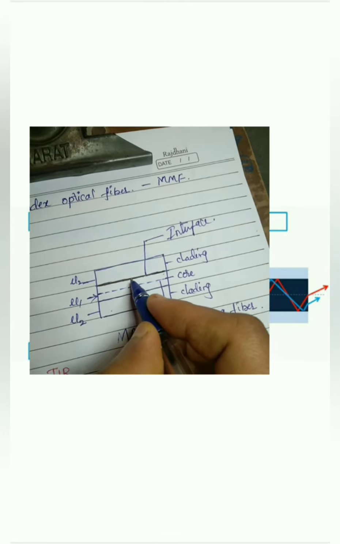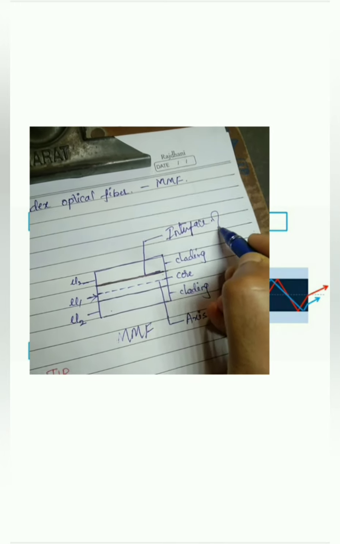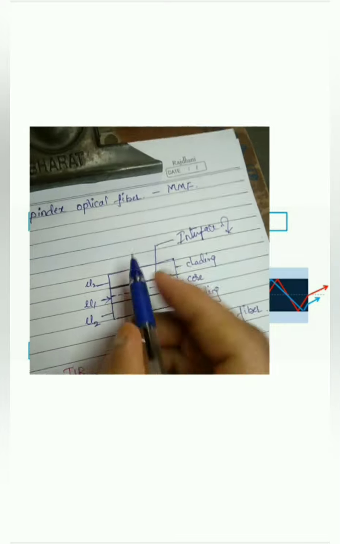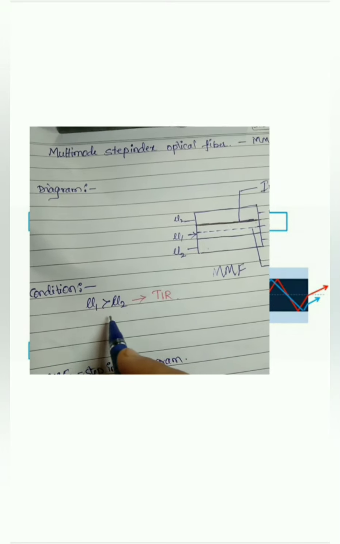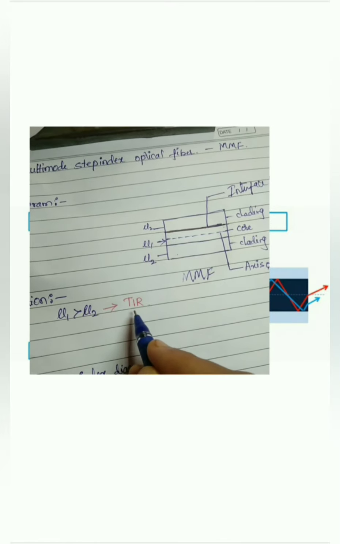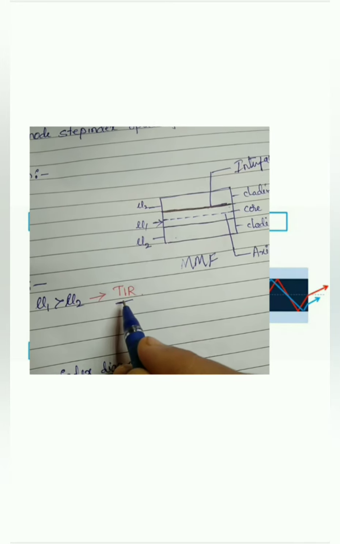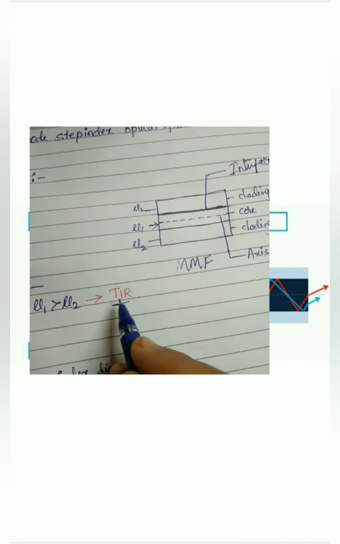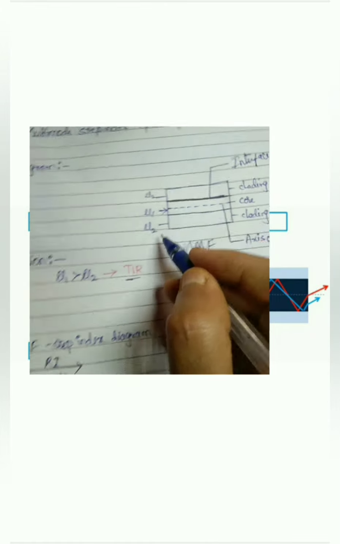Just because of this region, the refractive index suddenly decreases. Hence the condition mu1 is greater than mu2 is going to be satisfied. This is the condition of TIR. TIR means the total internal reflection condition. TIR is a condition to satisfy the optical fiber construction.